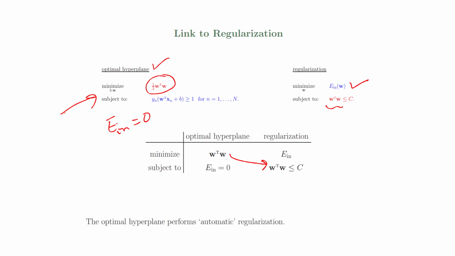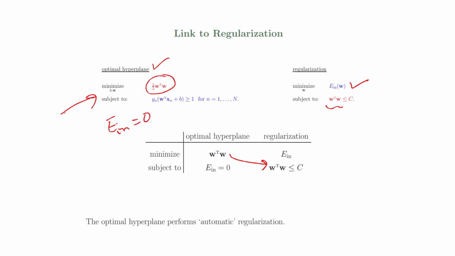Because we're trying to find the best possible separating hyperplane, we are, in some sense, regularizing in a certain way, because we are trying to go towards a more robust hypothesis eventually, and not get affected by the noise in the data, right?